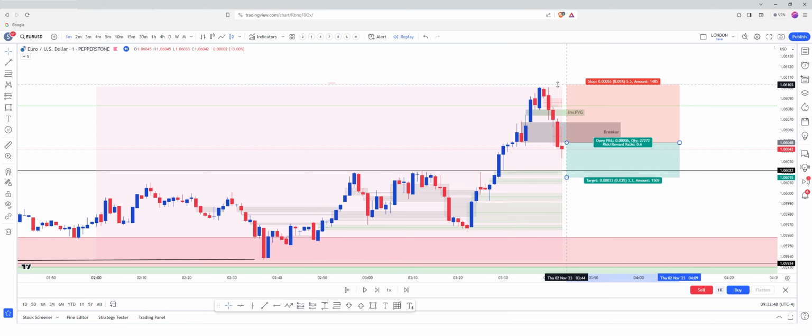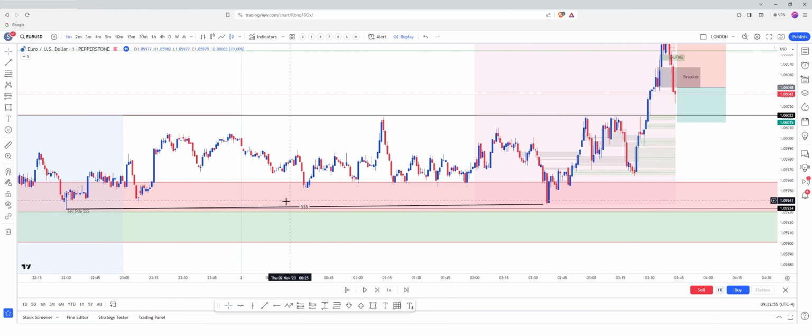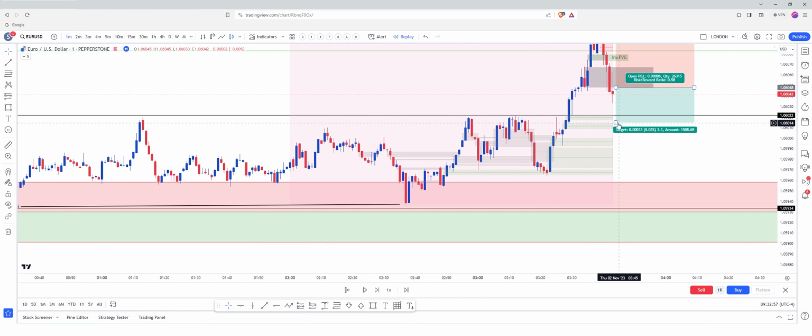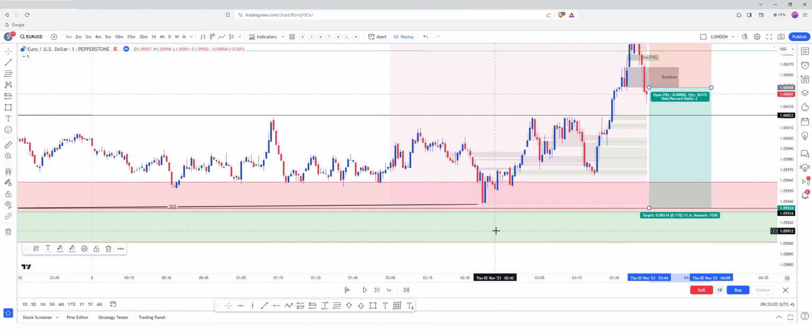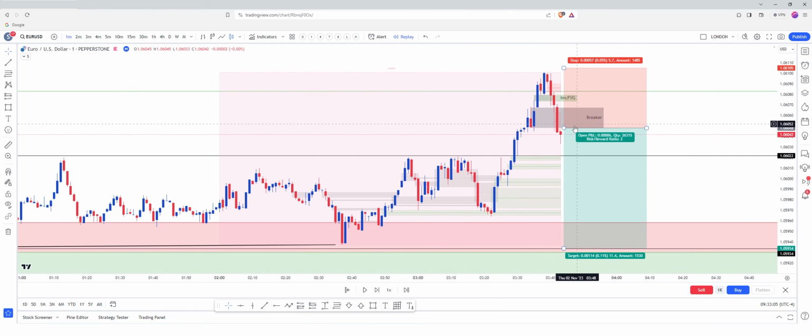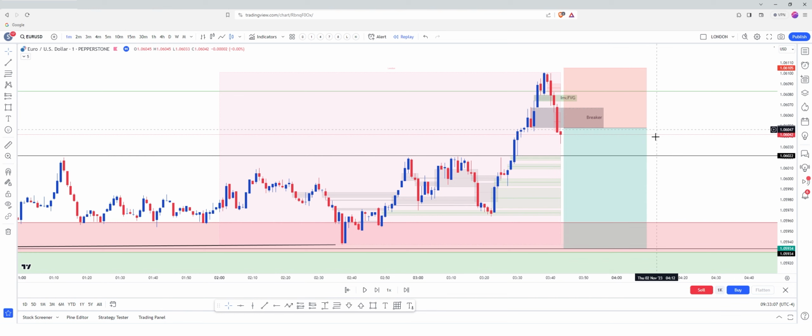So we've got a 5.4 pip stop loss, 5.7 pip, give it a couple of points just above the high. Targeting the opposing side of the range, which would be these relative equal lows here. So might as well go for a 2R, taking that sweep out there. If we can get tagged in at the open of the new 15-minute candle, this would be a nice entry.